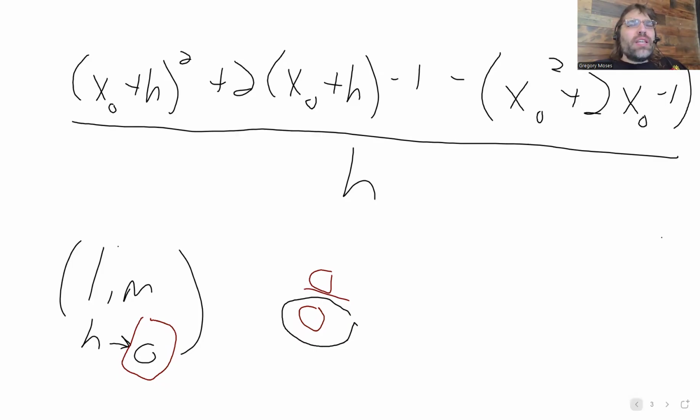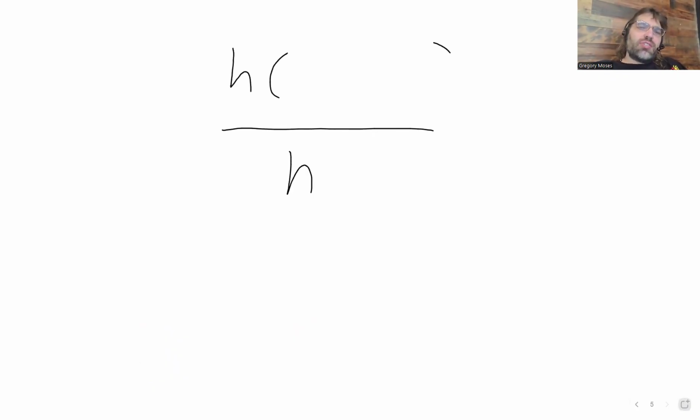So how can we get rid of something in a fraction? Well, the standard way would be cancellation. If we could rewrite the fraction so that it looks like this, we could cancel that h. So that's what we're going to try to do.